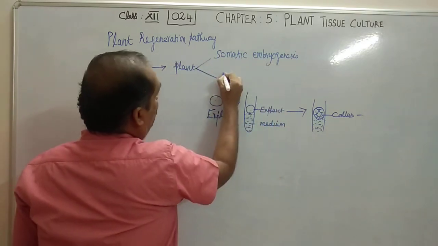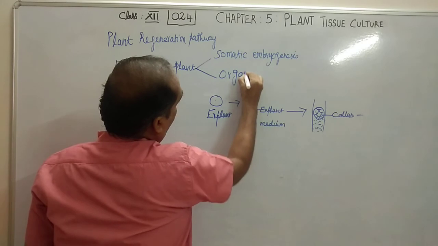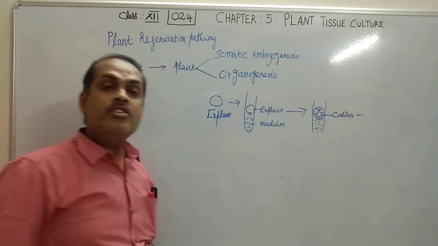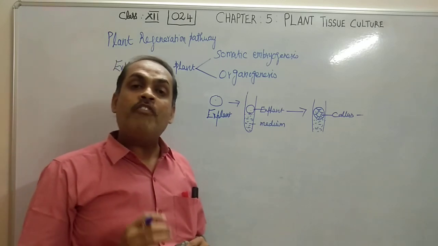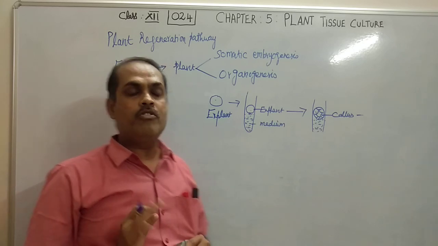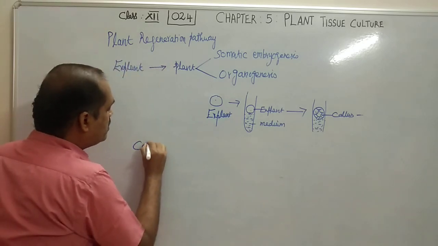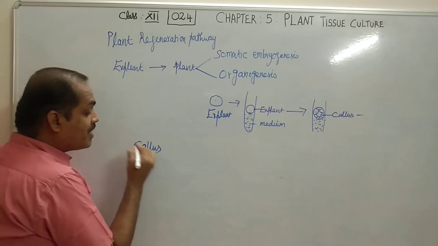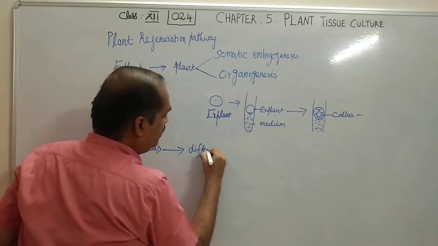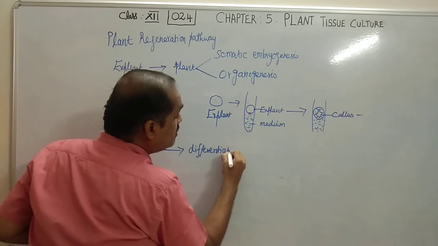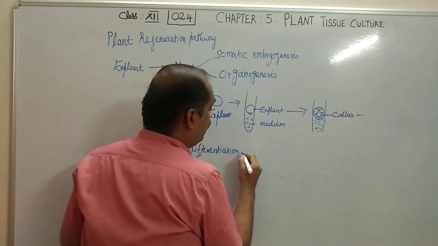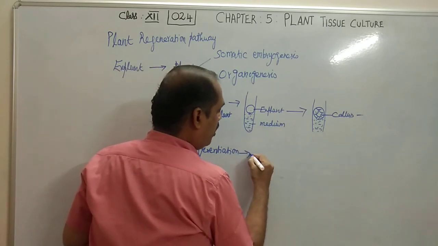Now organogenesis is nothing but development of organs like root and shoot from the callus. Say for example this is the callus. This callus will undergo differentiation, which results in the formation of two important organs.